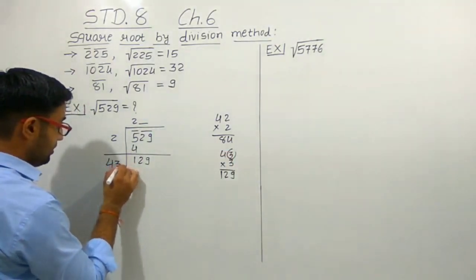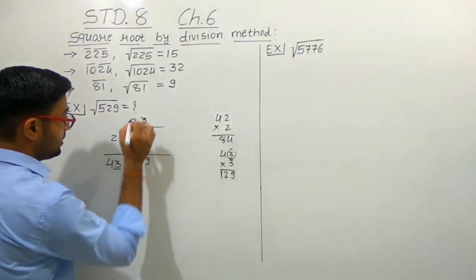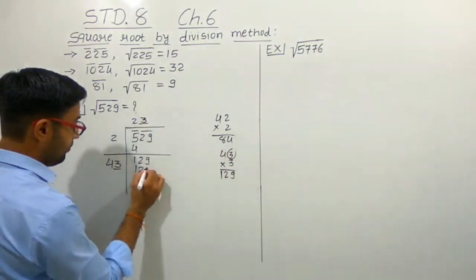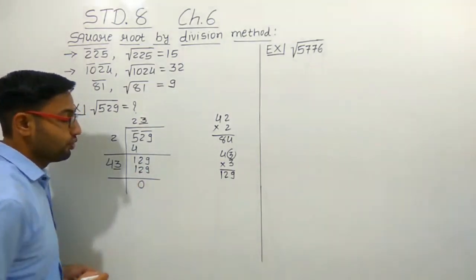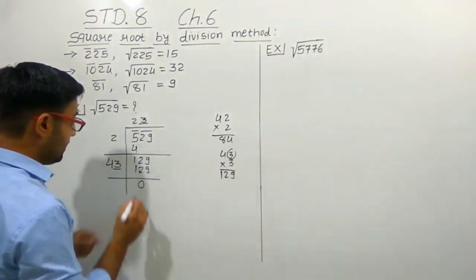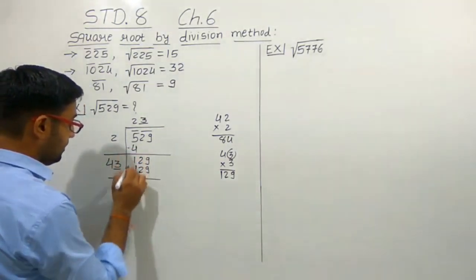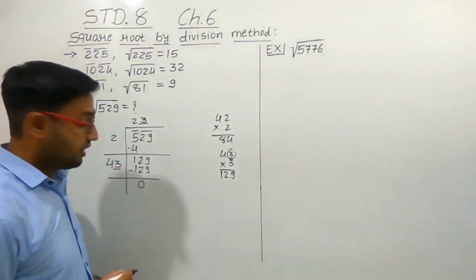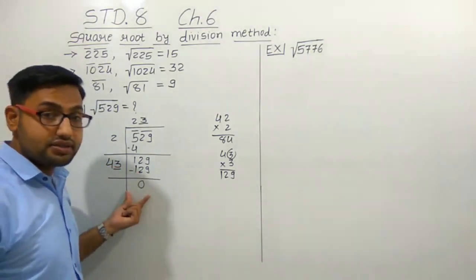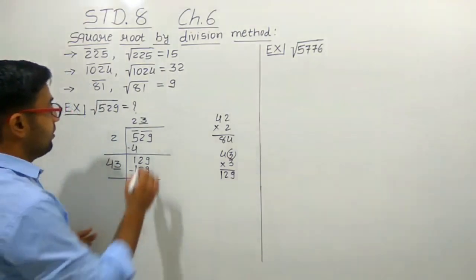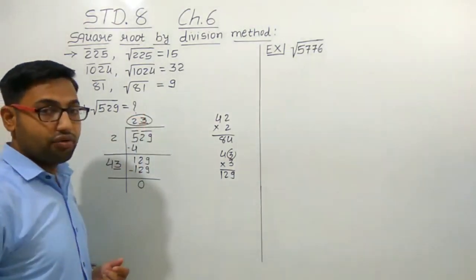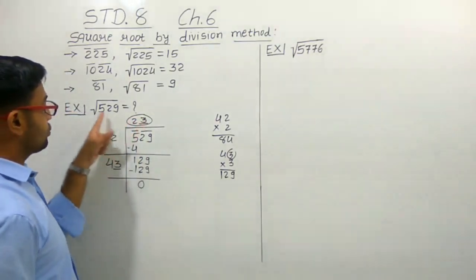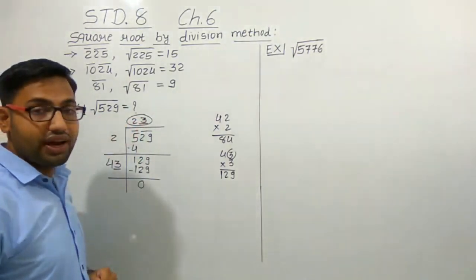So 43 3s are 129, and the remainder we get here is 0, because 129 minus 129 is equal to 0. Whenever we get the remainder 0, that means whatever digits we get in the quotient, the total number 23, will be the square root of this 529.